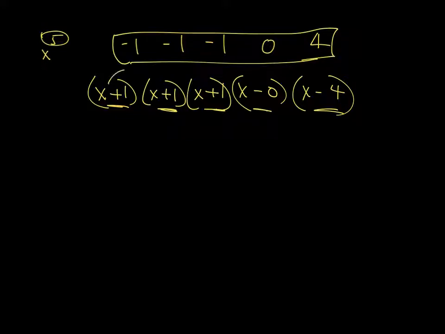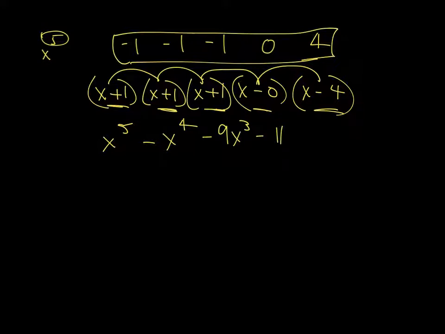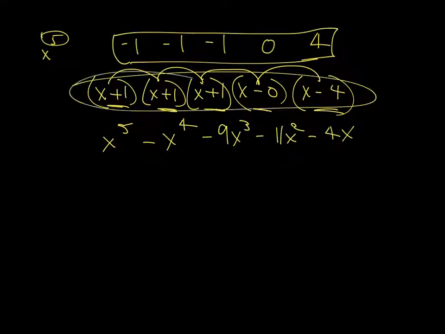And when I'm done, I get x to the 5th minus x to the 4th minus 9x cubed minus 11x squared minus 4x. And I'm not going to go and do all that work. That's just how you do it. You do the FOIL method 4 different times, and you get that for an answer.